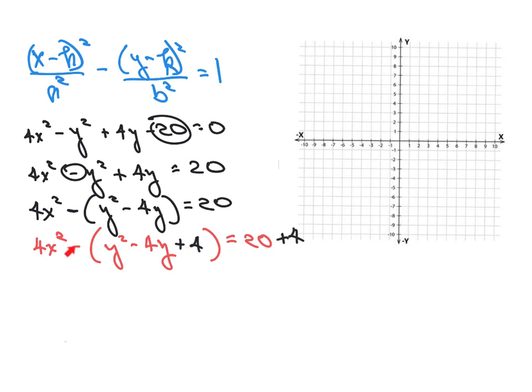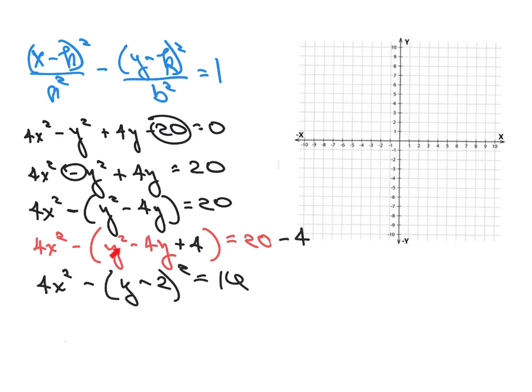I subtracted 4. A negative 1 times 4 is negative 4. So this needs to be a negative. So make sure you don't make the mistake and put that in there as a positive 4. So that gives me 4x squared minus y minus 2 quantity squared equals 16.